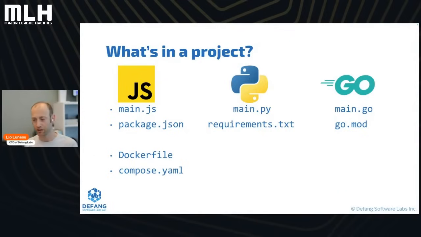For a Python project, that's a main.py and a requirements.txt. And for a Golang project, you can expect a main.go and a go.mod. So it's very similar, right? All of them have a main file, and then they have a file with some dependencies, like I will need these libraries, and different languages have different ways of doing that.